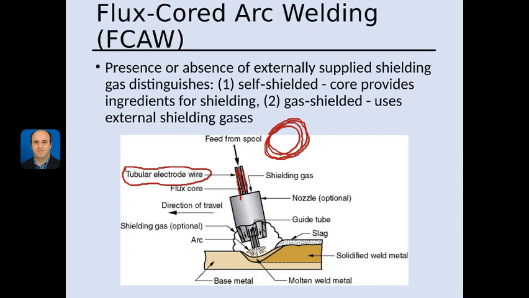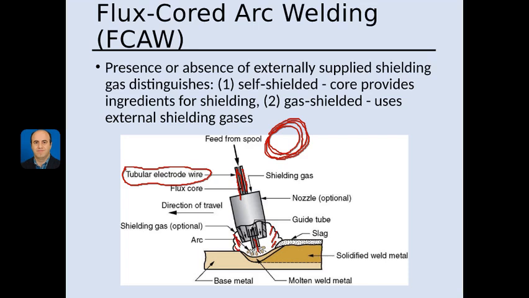Okay, so the first category is the self-shielded, where the flux is going to provide gas as well as some other material to protect the weld.